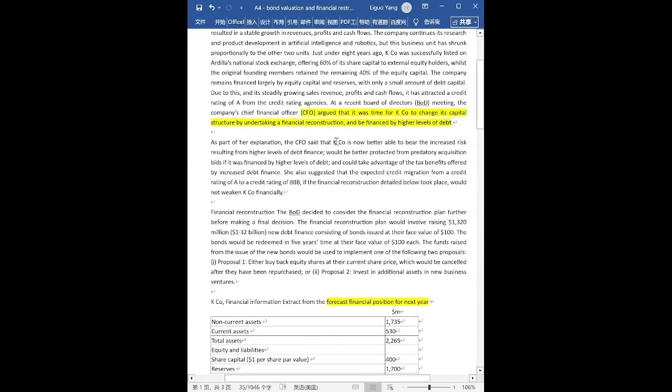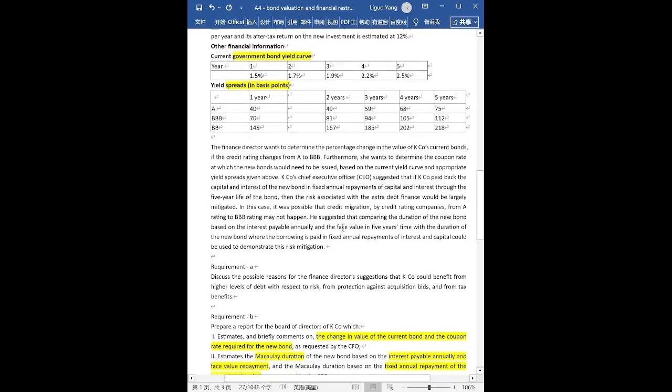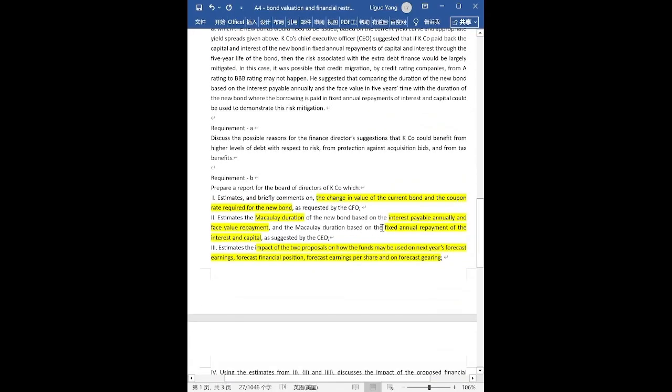In the context, it's over here. Okay, let's break it down into 3 aspects per the requirement. Firstly, risk.